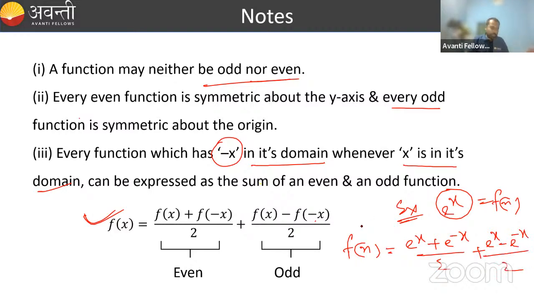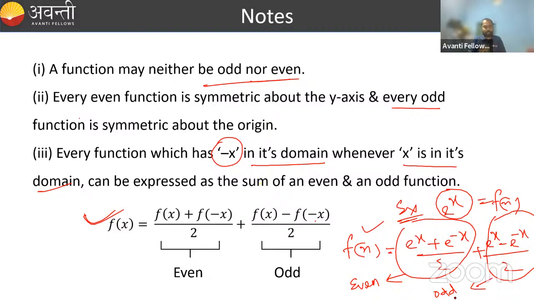Check whether it is an even function or not. This will be an even function and this will be an odd function. So this is the way we can express one function as the sum of an even function and an odd function. Clear, everyone? Clear? Chalo.